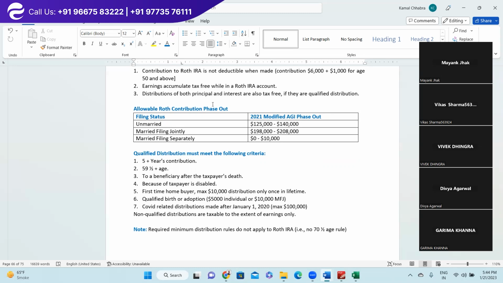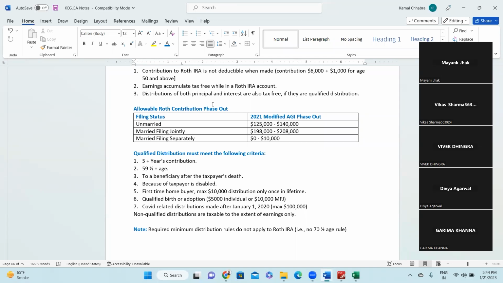If the withdrawal does not fit this criteria, then that withdrawal is called a non-qualified withdrawal, and that results in taxable income. But if the withdrawal is within all these limits, then it is considered a qualified withdrawal and it is not taxable, and the interest part is also not taxable.